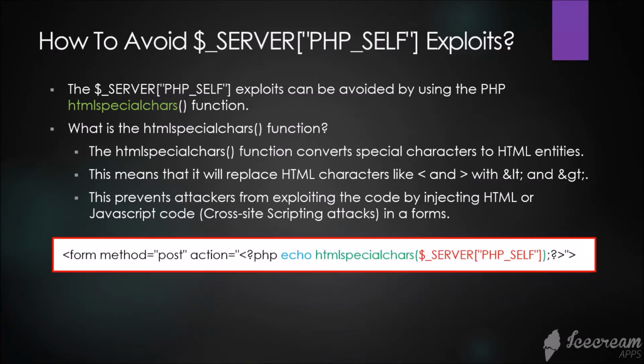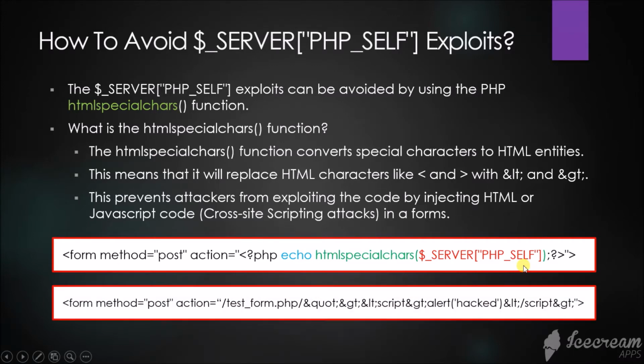Okay, so how to do that? Ganito lang gagawin natin. We have this function here, and as a parameter or argument, ilalagay natin dito yung server PHP self. So once it will be translated, ito na yung magiging output niya. So it's not, hindi na siya katulad nung kanina na kung saan it is a JavaScript code.